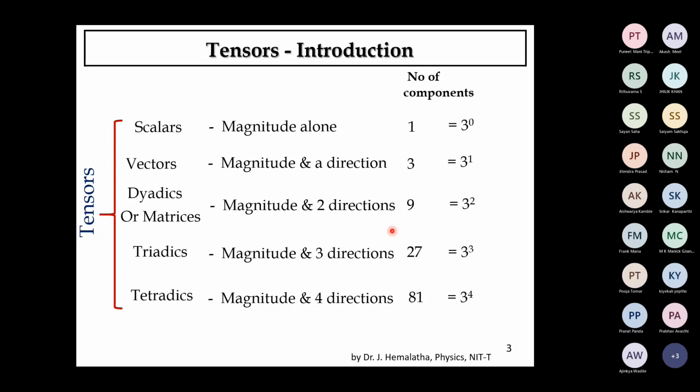The number that comes in the power decides the rank of the tensor. So what is the rank of a scalar? It is 0. Whatever number you have in the power, that is the rank of the tensor. So rank 0 for scalar, rank 1 for vector, rank 2 for dyadics, rank 3 for triadics, rank 4 for tetradics, and 5, 6 goes on.